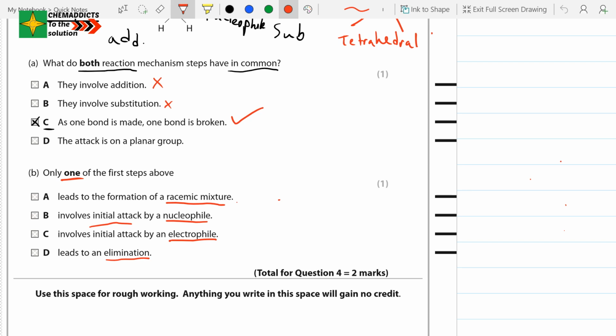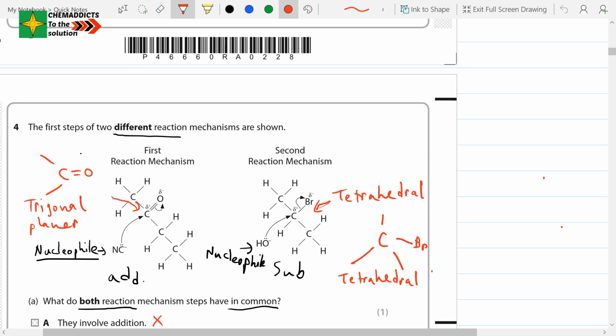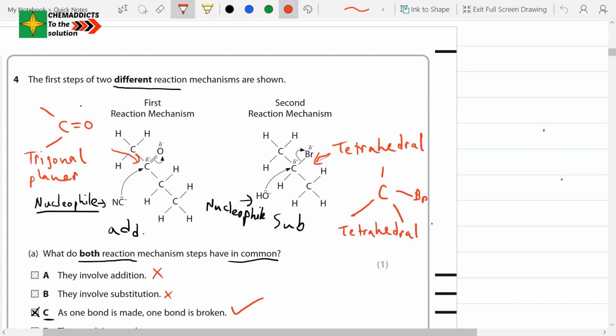Before going to the answer, at first let us discuss the mechanism of this reaction. Two different mechanisms of two different reactions over here.